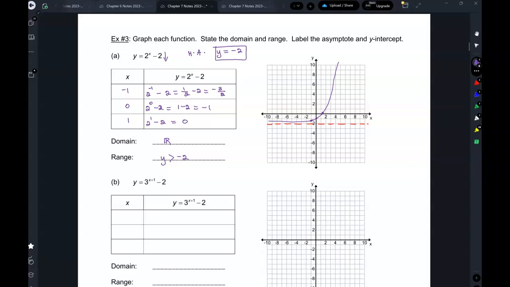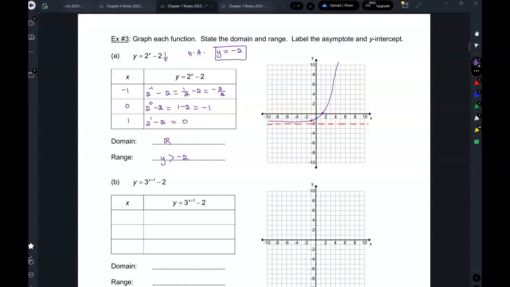Anything to the power of 0 is 1. It's the rules. Okay, I'll tell you why.